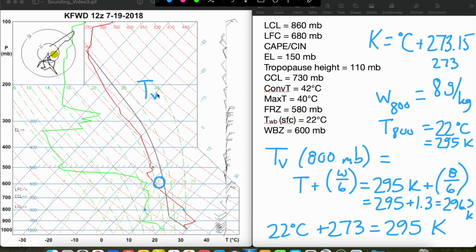So virtual temperature at 800 equals 296.3 Kelvin. And we can find a virtual temperature for any point on this temperature profile. We just use this equation of the temperature at a given level plus the mixing ratio at that level over 6, that quotient added to our temperature at that given level.